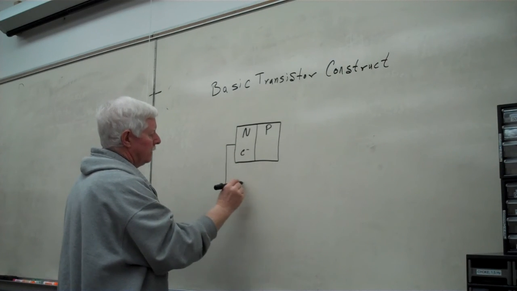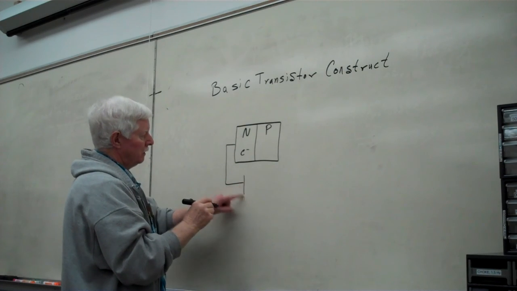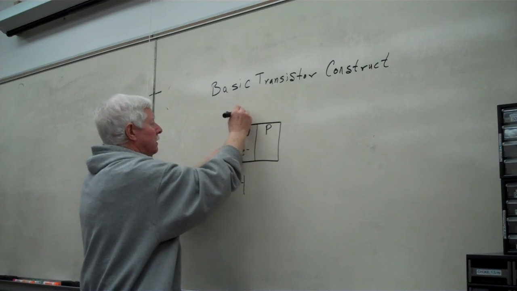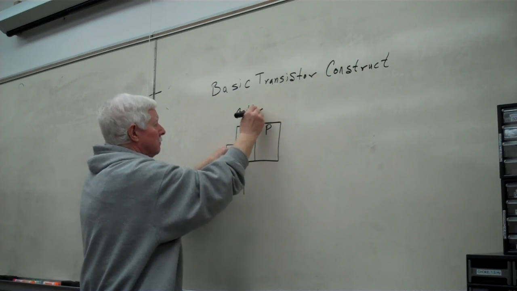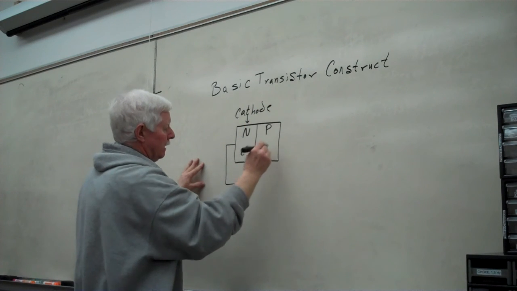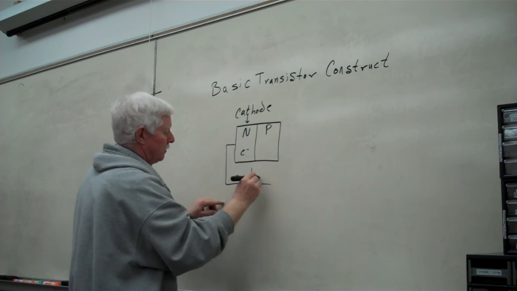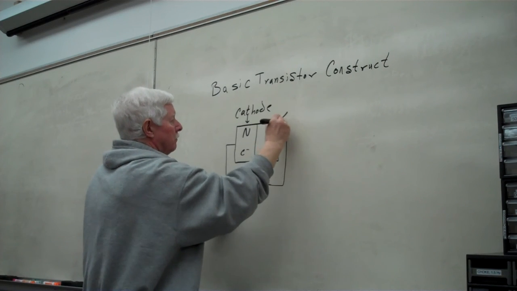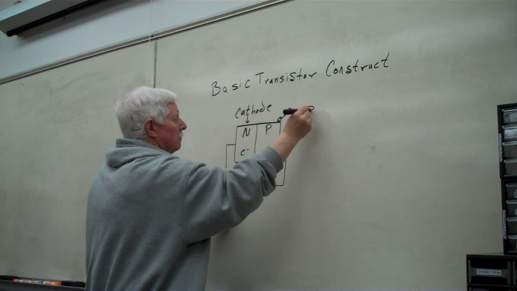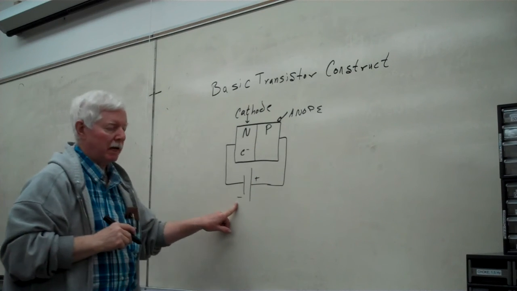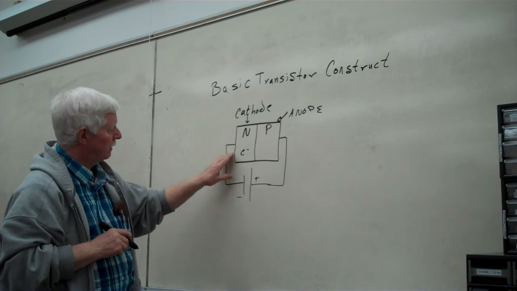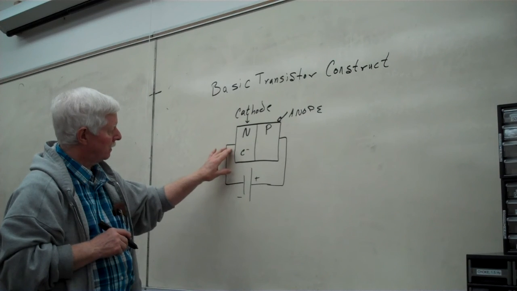We also learned that when you apply a negative voltage to the N, also known as the cathode, and connect the plus on the battery to the anode part, the current actually begins to flow from the minus side of the battery as regular electron flow.